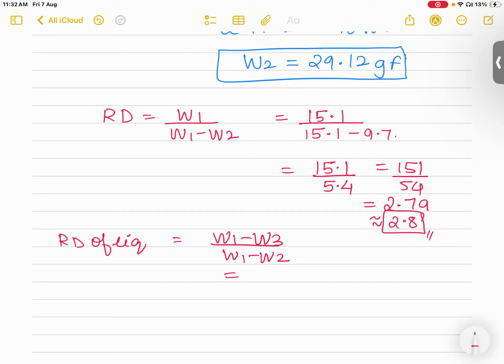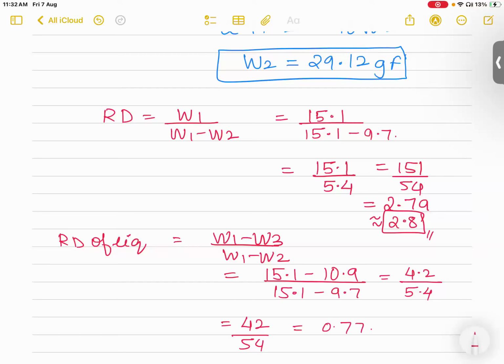So students, this will be 15.1 minus the weight of the substance in liquid, 10.9, upon 15.1 minus 9.7. Denominator I already know. Numerator, when I subtract, I will get 4.2, which will be technically 42 upon 54. That is 0.77.